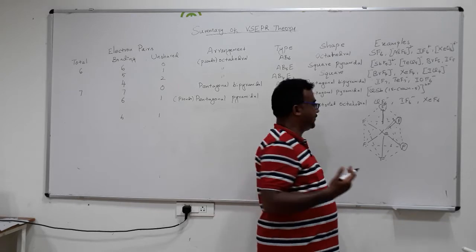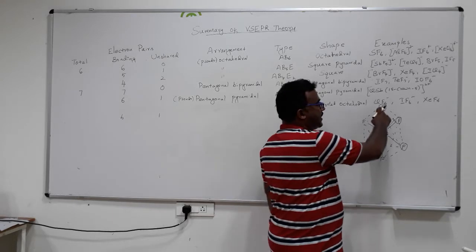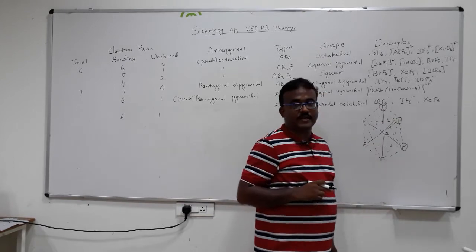So the molecule will be distorted. That's why all three of these molecules come under distorted octahedral.